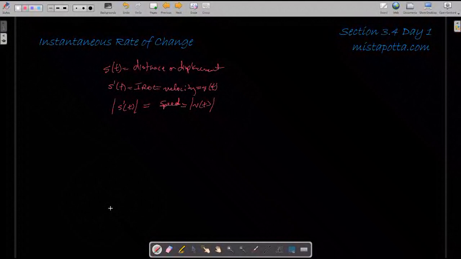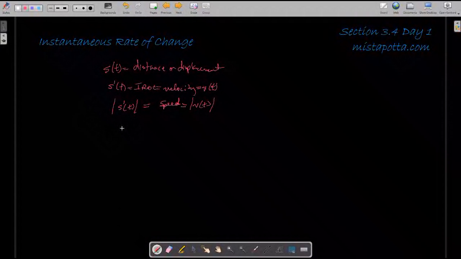And the other thing that we talk about when we're talking about position, remember we discussed how velocity changes as well. Velocity is a function, and this function is experiencing change as well.